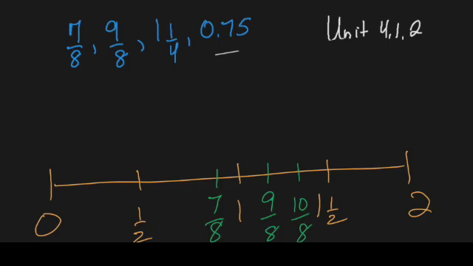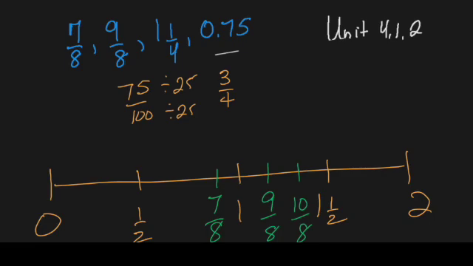And finally, the decimal. We know that 0.75 can be written as a fraction as 75 over 100. And if you recognize that both the numerator and the denominator can be divided by 25, we will end up with a fraction that is actually 3 over 4.